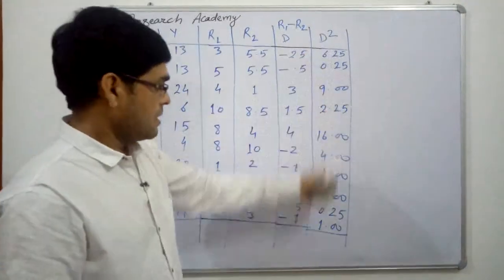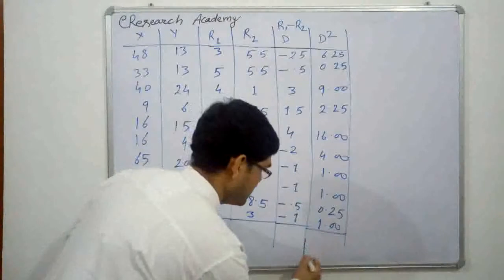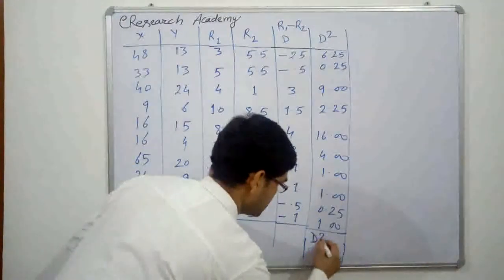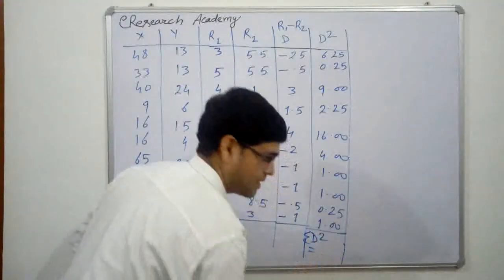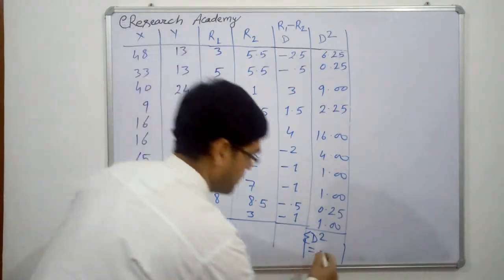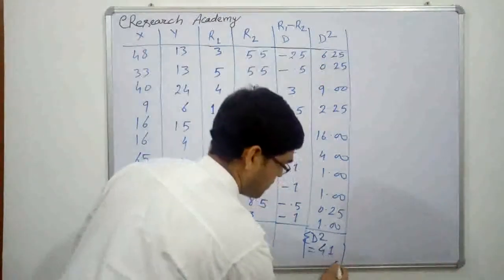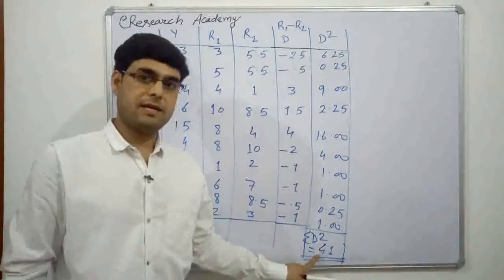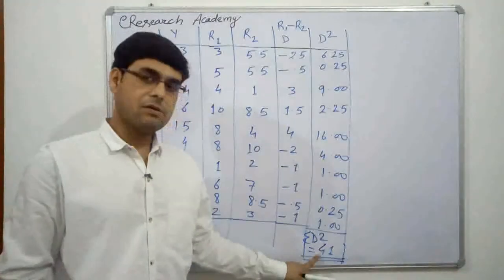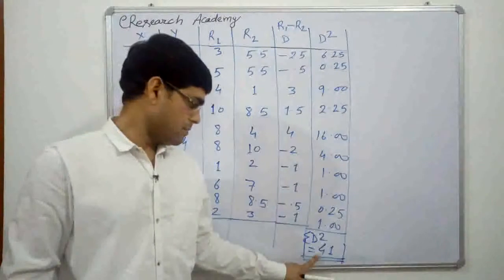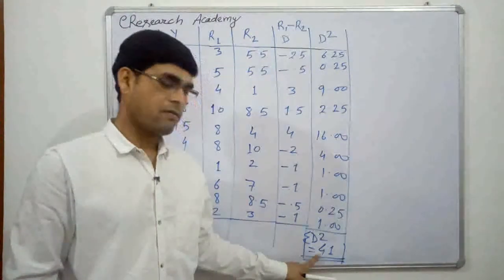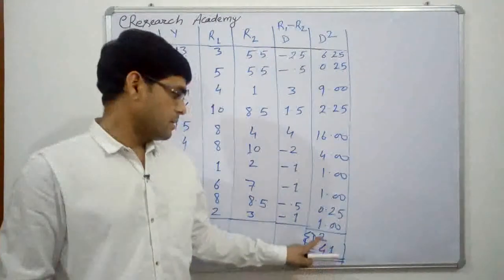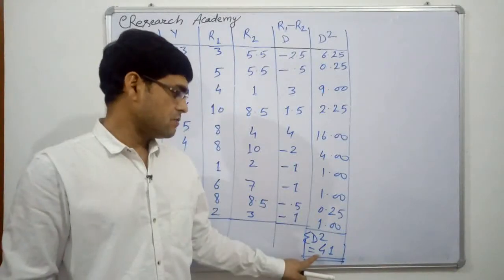So these are our d square, and get the total of these d square. Here we get summation of d square, it is 41. So we have d square 41 here, right? Note it down, we will be using this one in our formula. Sigma d square, that is 41.